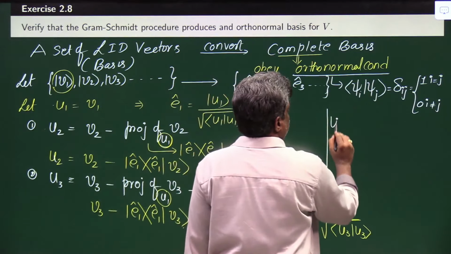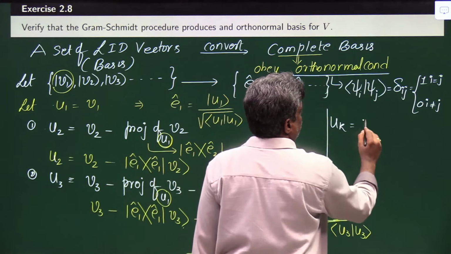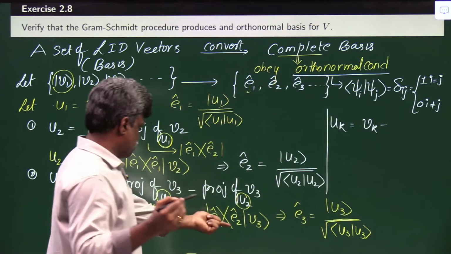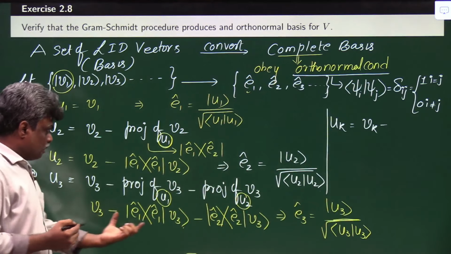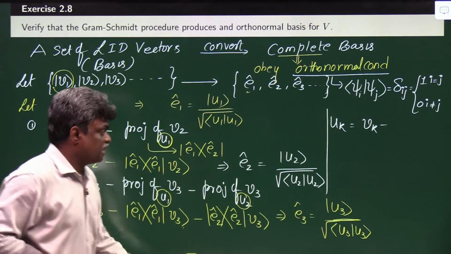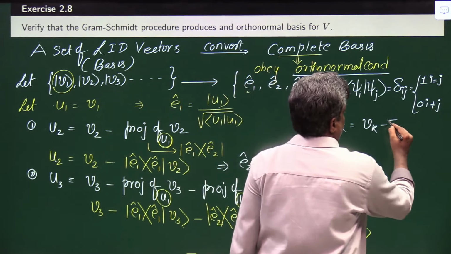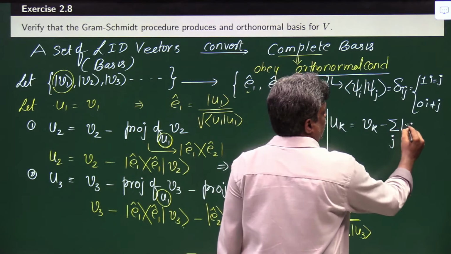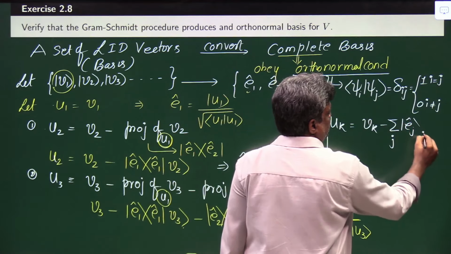So we have to find uk from vk minus a summation. If you observe carefully, for v3 we got two terms here. So summation, I'm taking some other dummy index j, and I'm taking the outer product ej.